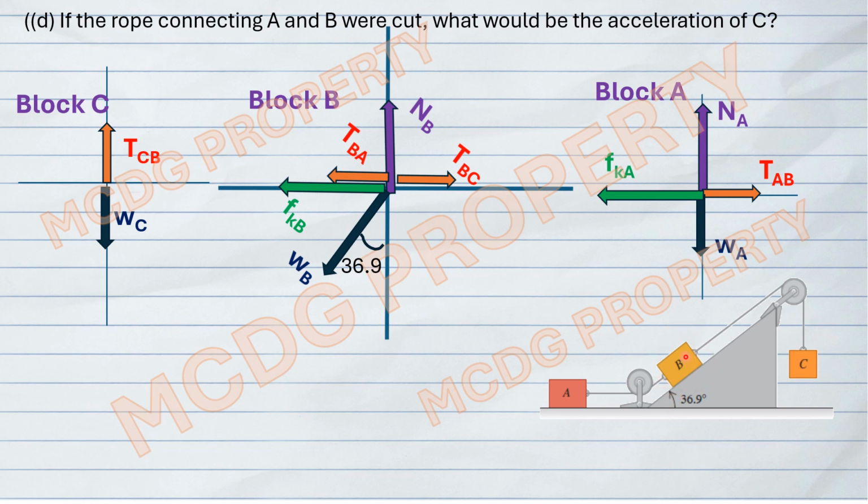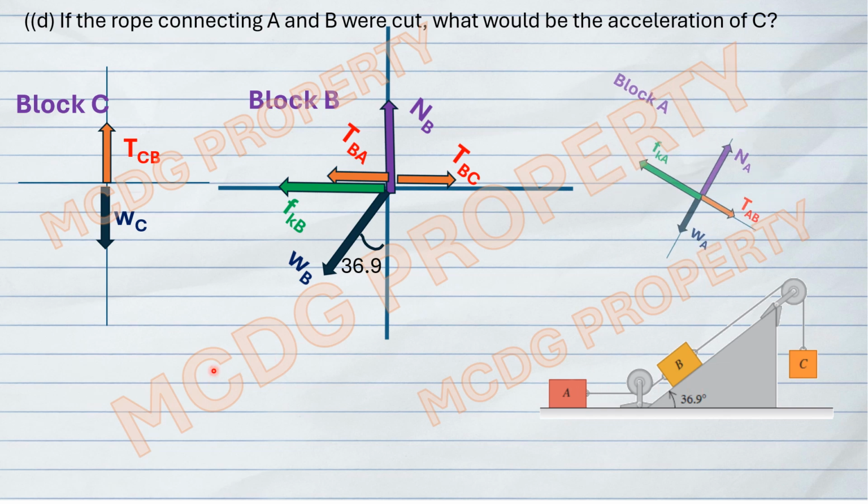And then, since they are connected by just one rope, the acceleration of block C will be equal to the acceleration of block B. So in this case, we have these three free body diagrams for the three blocks, and since the connection between A and B will be cut, then there will be no more block A. In this case here, for example, the tension connecting between A and B will also be removed.